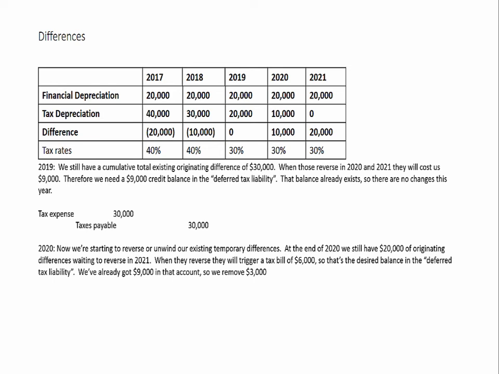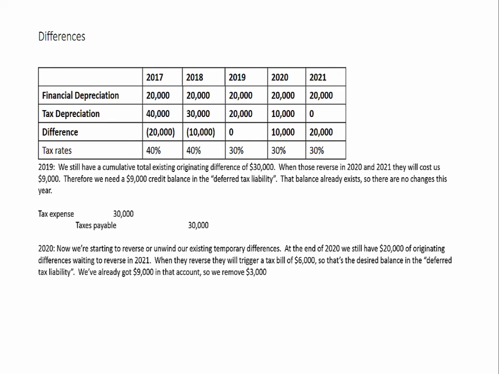In 2020, now we're starting to reverse or unwind those existing temporary differences that originated back in 2017 and 2018. At the end of 2020, we still have a net $20,000 originating deductible difference that's going to be reversing in the future in 2021. When that reverses, that's going to trigger a tax bill of $6,000, and so that's the desired balance in the deferred tax liability.